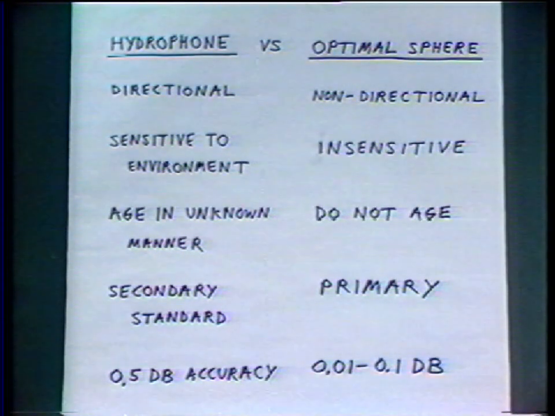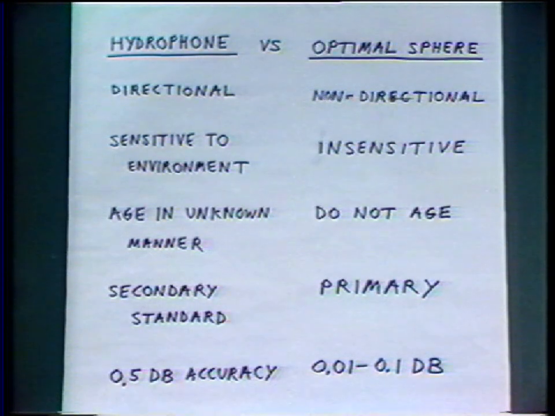Hydrophones are directional devices, are extremely sensitive to their environment, age in an unknown manner, and are secondary standards, themselves requiring calibration. Solid metal spheres, when optimized, are non-directional, are insensitive to their environment, do not age, and are primary standards, requiring no other calibration.